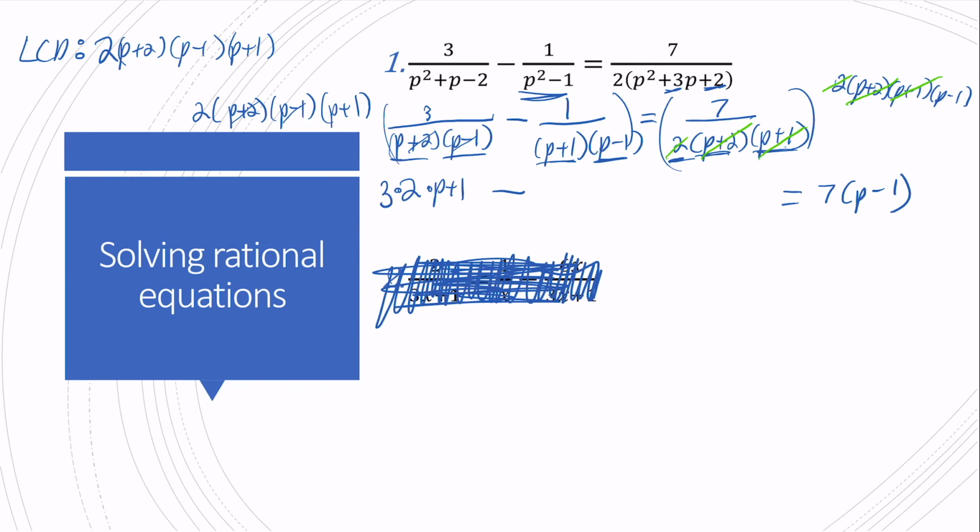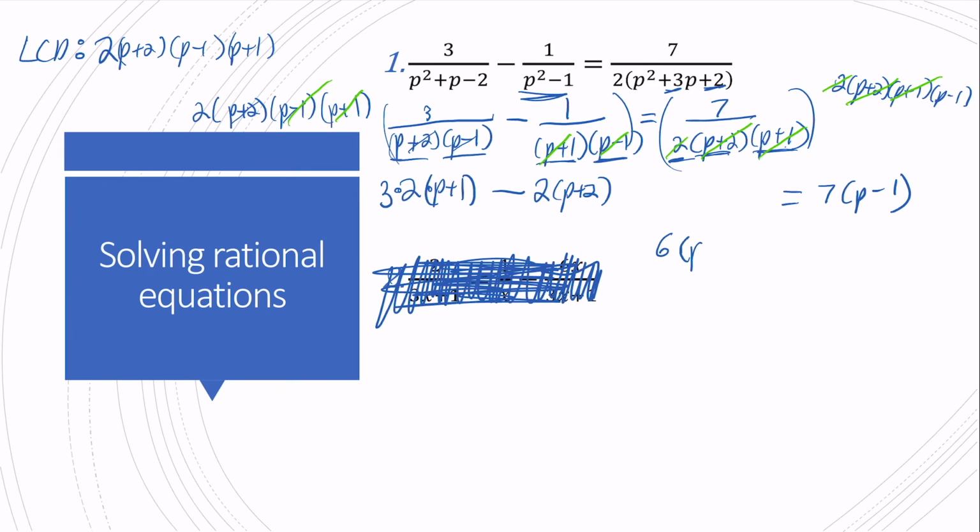Now I have to look at my second term. I have minus 1 over p plus 1, p minus 1. Well, for this example, my p plus 1 and my p minus 1 are going to cancel. So I'm left with 1 times 2 is 2, times p plus 2 equals 7 times p minus 1. Now I can combine my like terms.